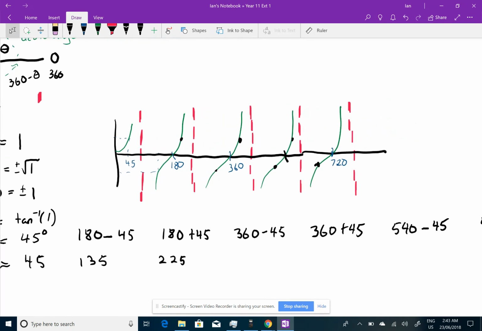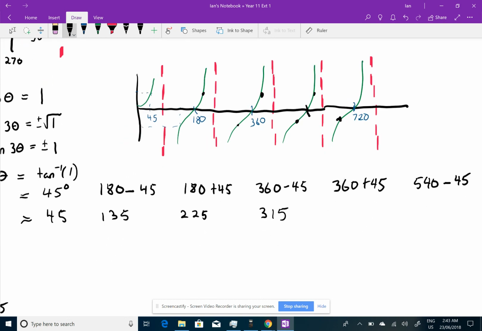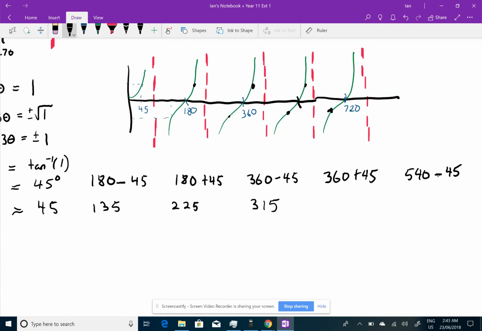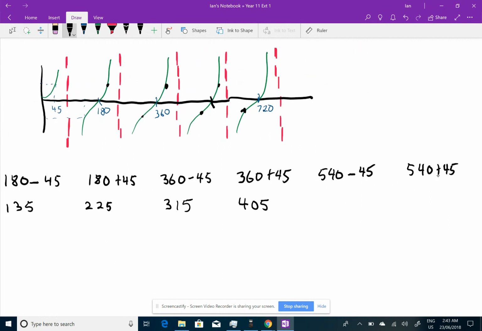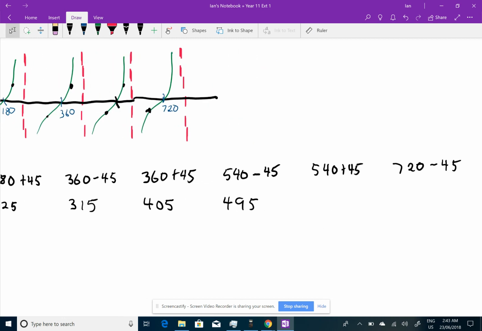And 360 minus 45 is 315. 360 plus 45 is 405. 540 minus 45 is 495. 540 plus 45 is 585. 720 minus 45, that's going to be 675, I think.